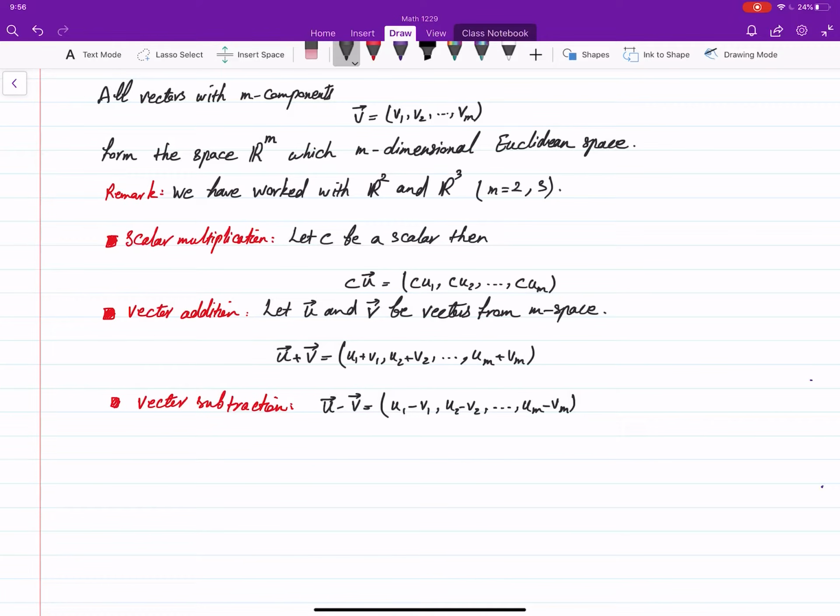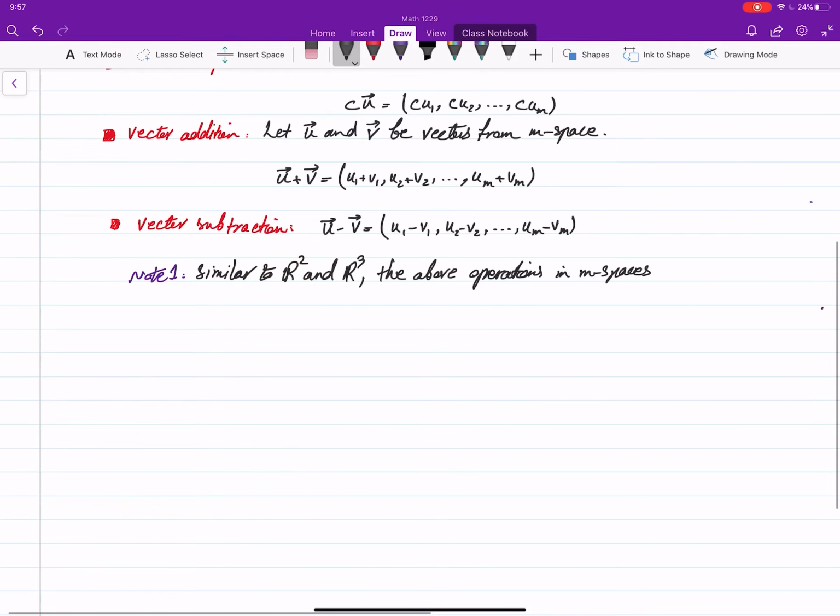Something that you need to note here, note 1, is that similar to R2 and R3, the above operations in M spaces are done, remember the keyword, component wise.